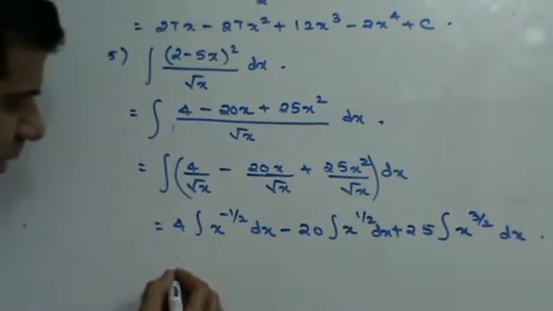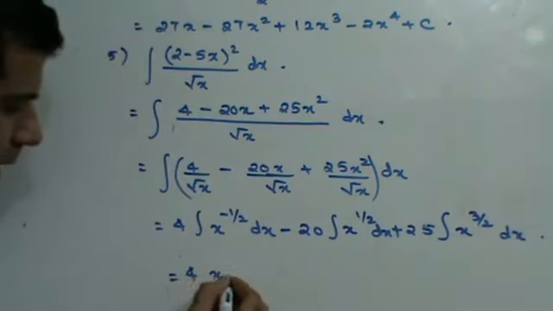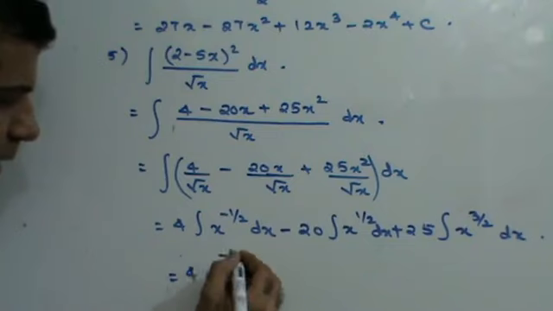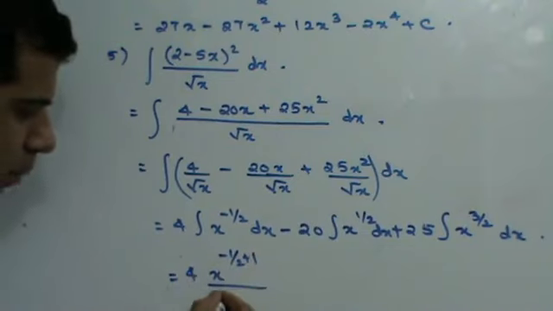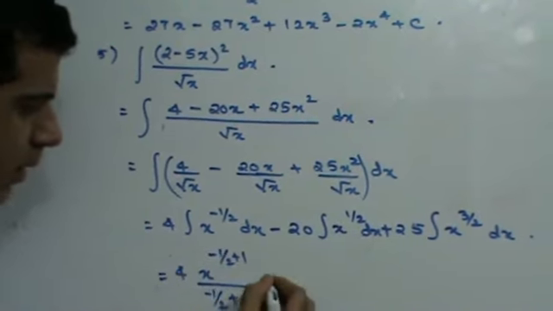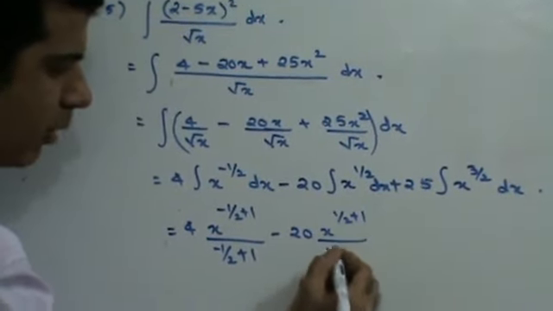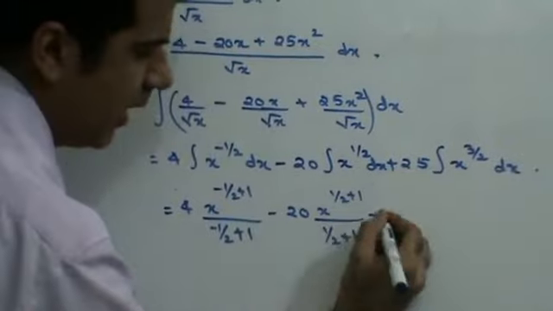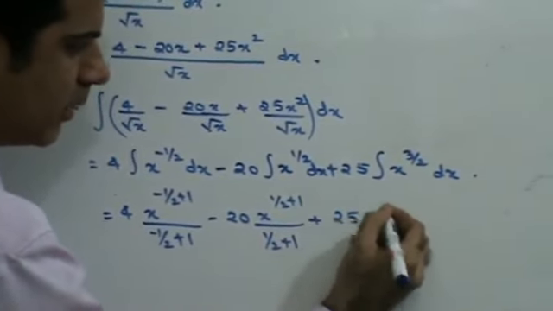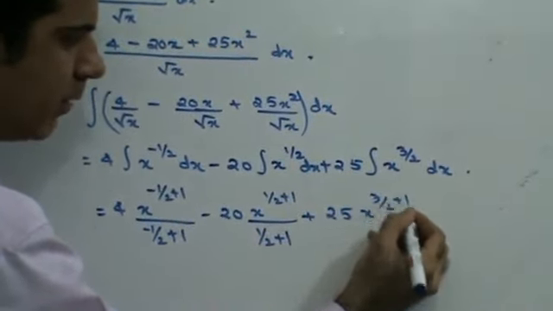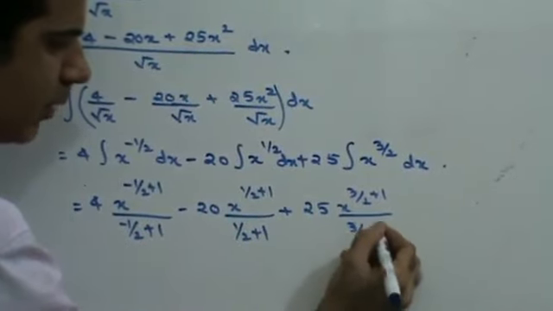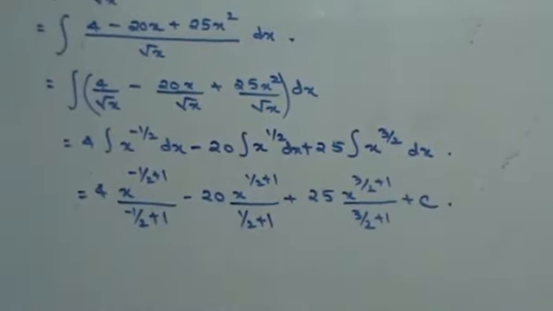Now you use the formula integral of x raised to n is x raised to n plus 1 upon n plus 1, same formula guys, so 3 by 2 plus 1 upon 3 by 2 plus 1 plus c.